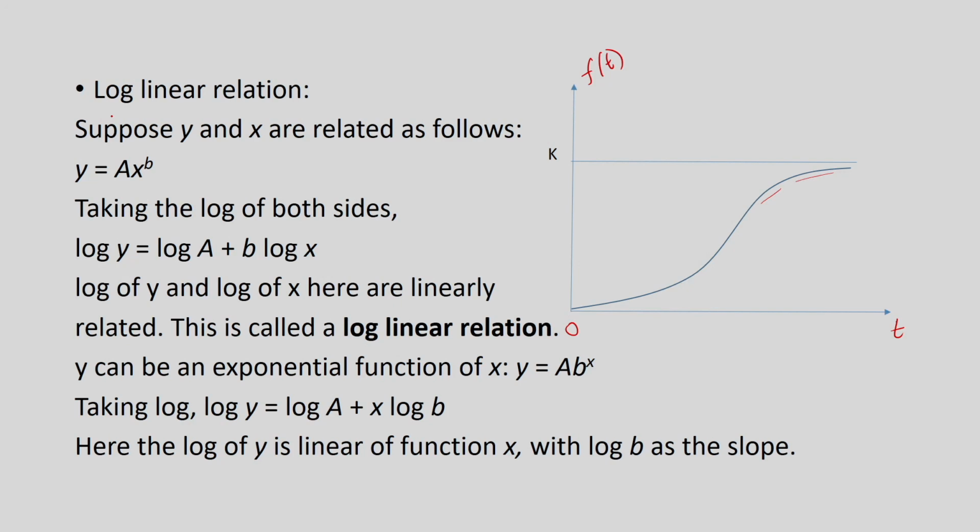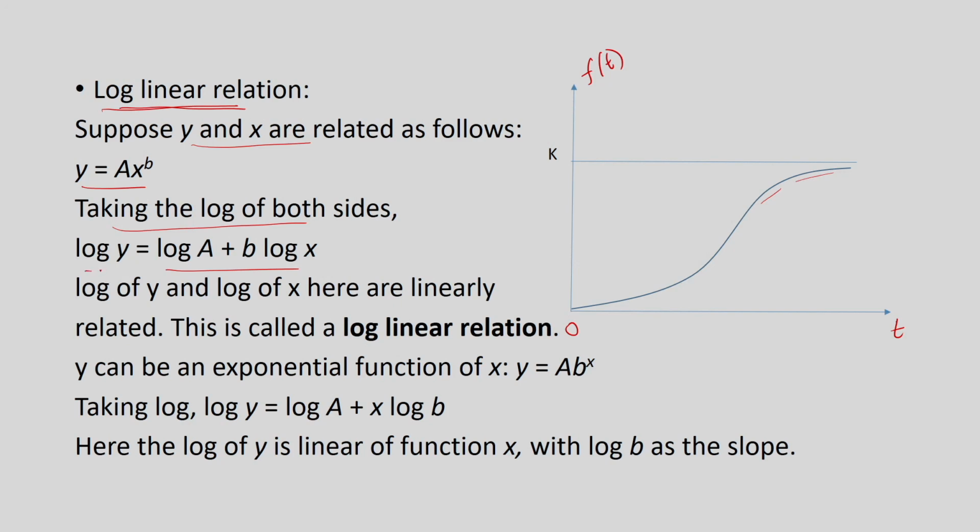And what does it have to do with the environment. Now, we take up another topic, which is log linear relation, because again this is used often in economics. Suppose y and x are related as follows: y is equal to capital A multiplied by x to the power b. Here capital A and small b are constants, small x and small y are variables. Now, we take the log of both sides. This could be log with any base. So, log of y is equal to log of A plus b log of x.